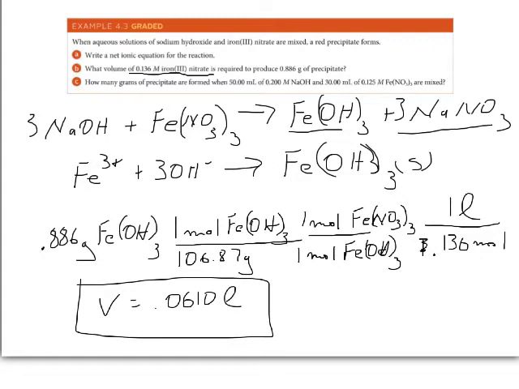Okay, so now I want to look at the third part of the problem. For this part, it's a little tricky because I've got up here the molarity and volume of the sodium hydroxide solution, and here I've got the molarity and the volume of the iron 3 nitrate.